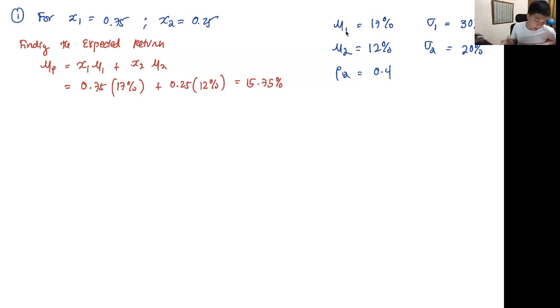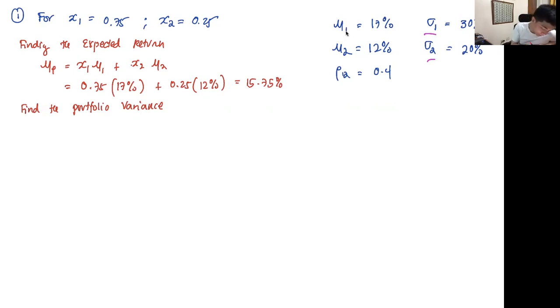Now let's find the portfolio variance. In order for us to get the portfolio variance, we need the individual variances as well. But you might see here, we were only given the standard deviations. Well, we can easily get the variance by squaring this term. Remember, the standard deviation is the square root of the variance, so the variance is just that squared.